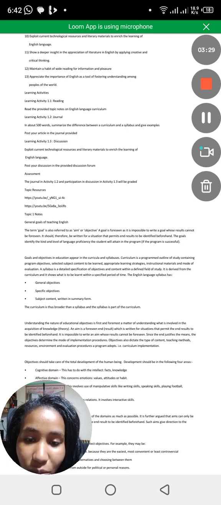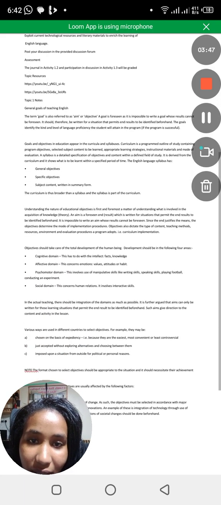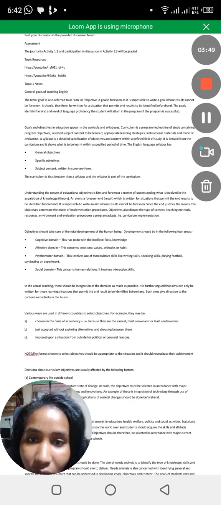Curriculum is a programmed outline of study containing program objectives, selected subject content to be learned, appropriate learning strategies, instructional materials, and mode of evaluation. A syllabus is a detailed specification of objectives and content within a defined field of study, derived from the curriculum, and it shows what is to be learned within a specified period of time.